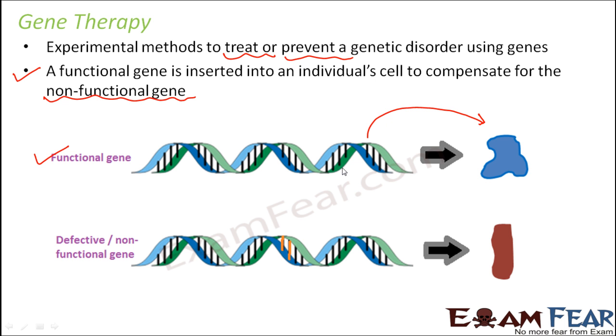If this particular gene synthesizes the right protein, fine. But if you have a defective or non-functional gene, in the sense that there are some differences on this gene as compared to this one, then the type of protein which it will synthesize might be this. And if you compare these two proteins, there are a lot of differences between the two.